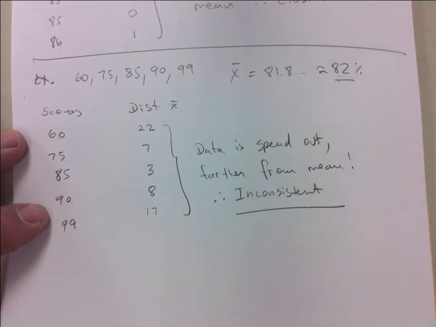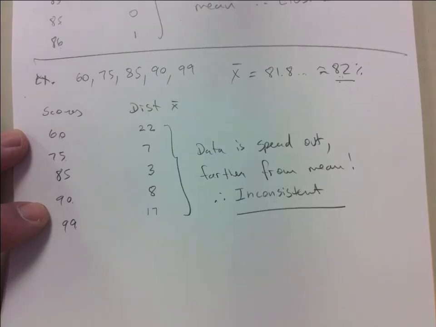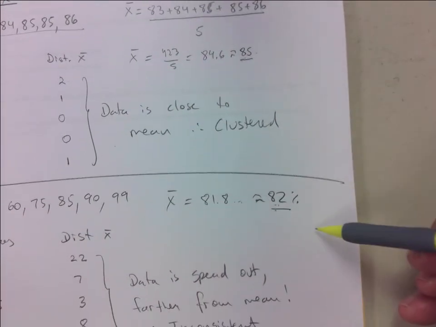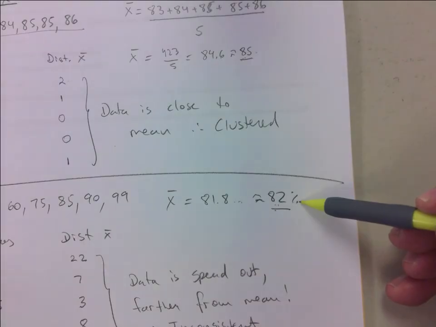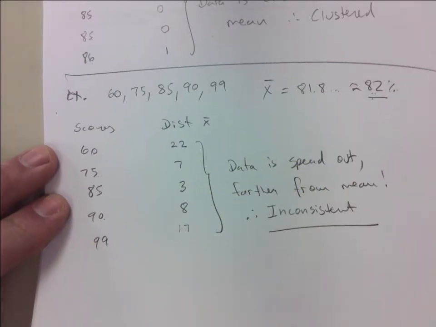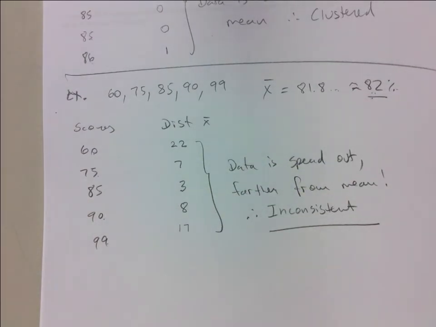So the average, can you follow my train of thought here? Are the averages astronomically different? Can you say, whoa, what happened? Look at the averages. 85 versus 82. There's not an astronomical difference. But if you dig deeper, if you look at the spread, that's where the problem is, right?